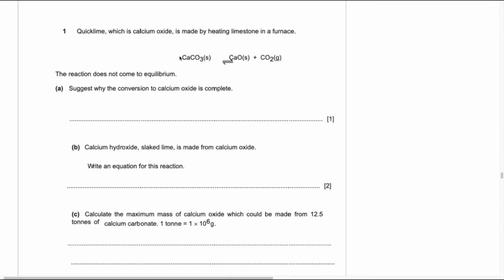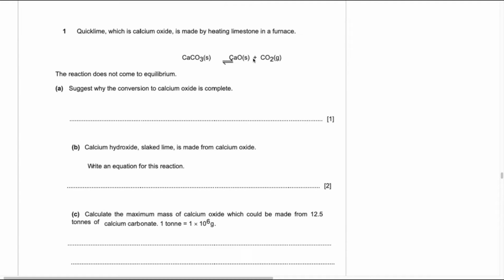Okay, so they cannot change back to calcium carbonate, basically because carbon dioxide escapes or is lost to the surroundings.